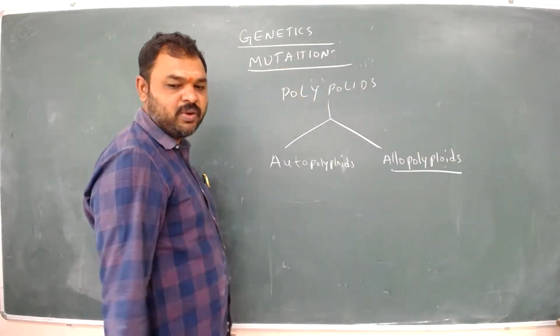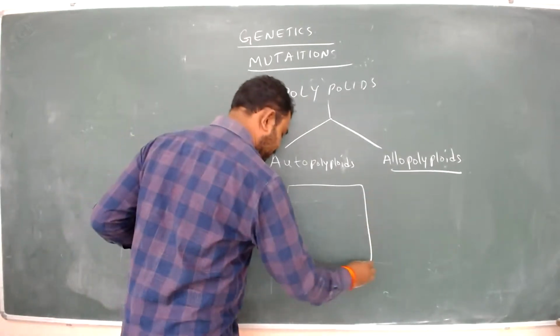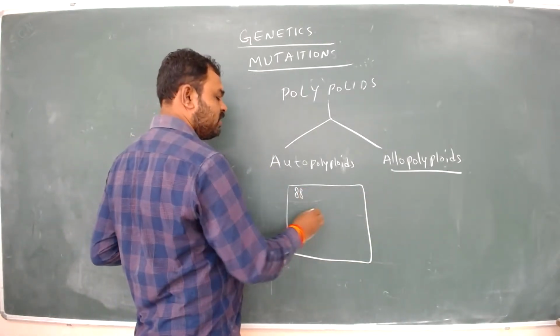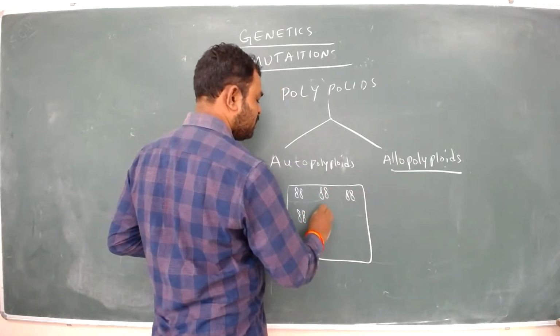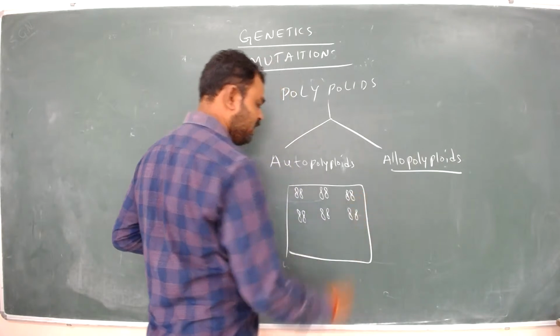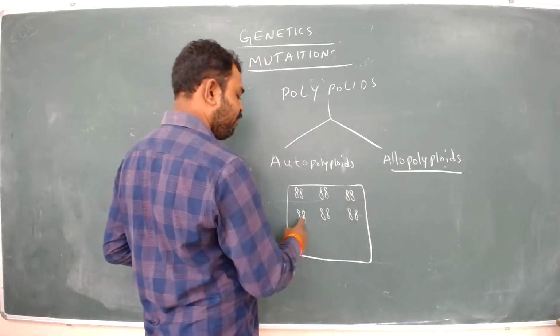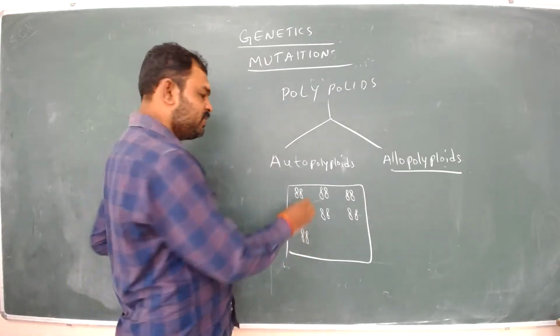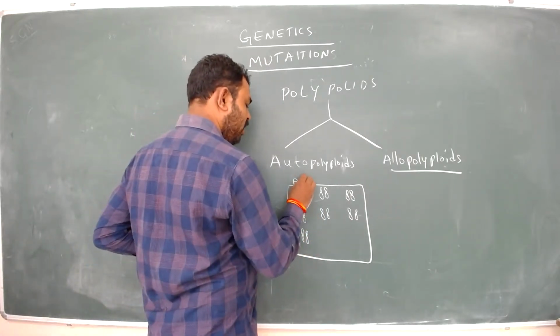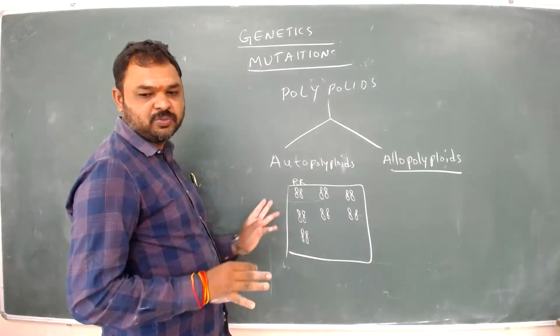Autopolyploids and allopolyploids. Autopolyploids means, suppose this is a cell, a virginal diploid cell. 1, 2, 3, 4, 5, 6, and this is a 7. Suppose these can be called RR, one species, the Raphanus species set.